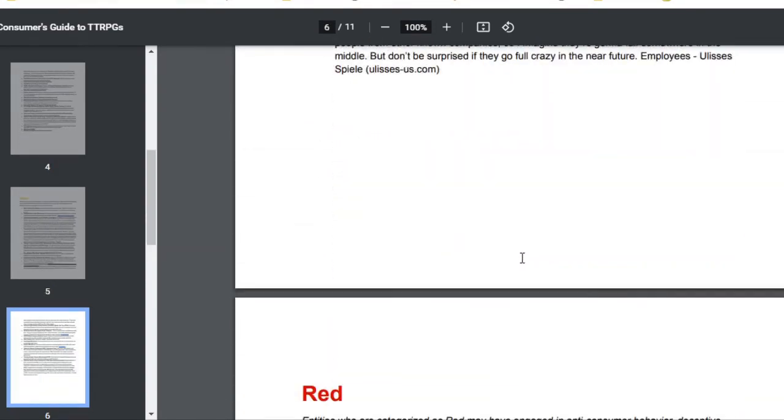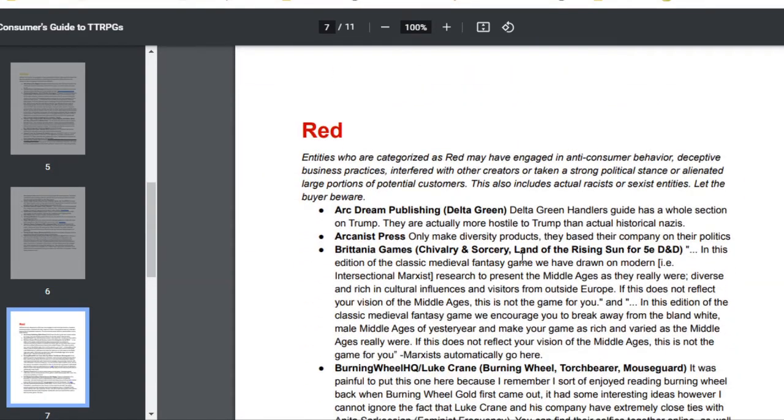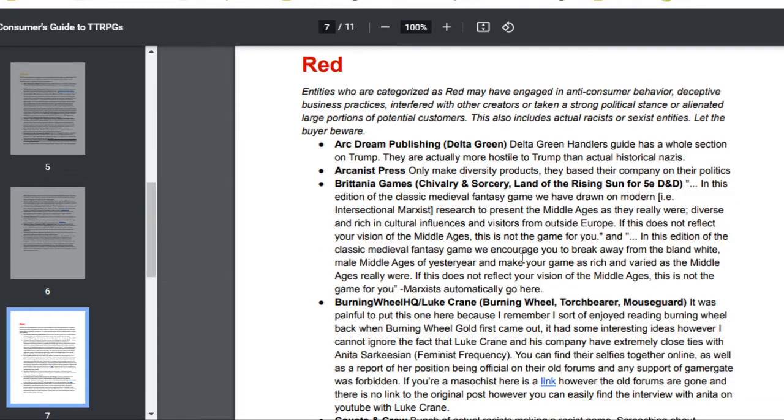And then red is the ones that they're saying are absolutely bad actors. They've caused harm to others. They've been hostile to people that believe differently than they do. They've engaged in that anti-consumer behavior, so your "don't buy it" or "let's get your product pulled" type of stuff. They've had deceptive business practices. They've interfered with others.